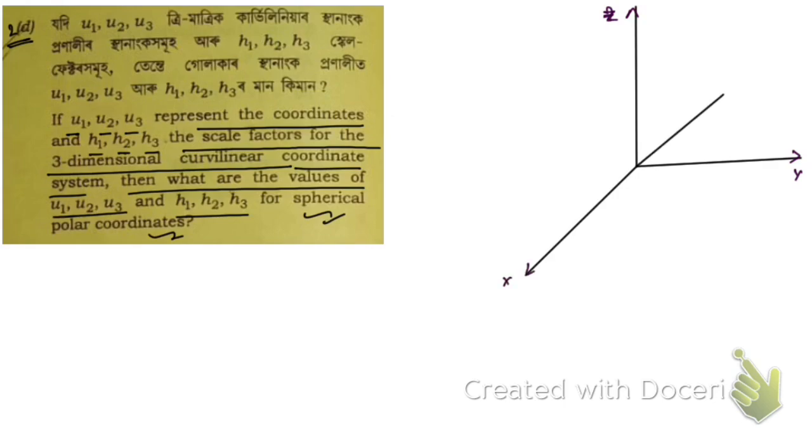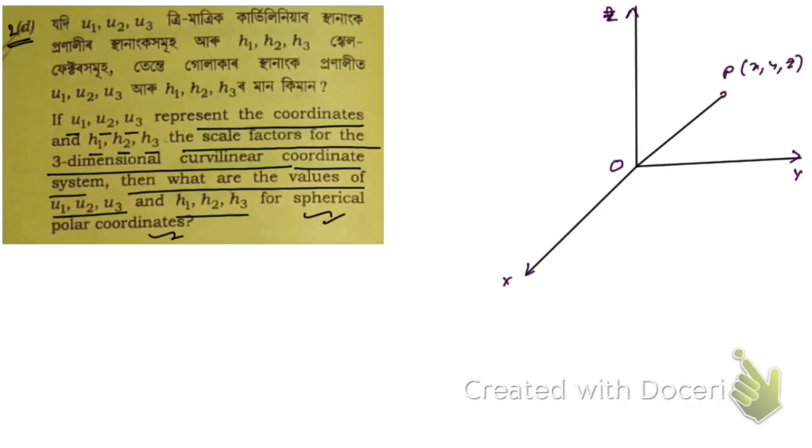So now suppose this is the x, y and z axis. This is the y axis, this is the z axis, this is the x axis. Here we have a point P with coordinates x comma y comma z.